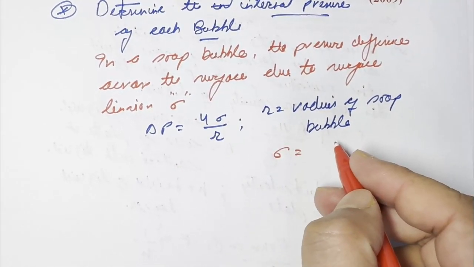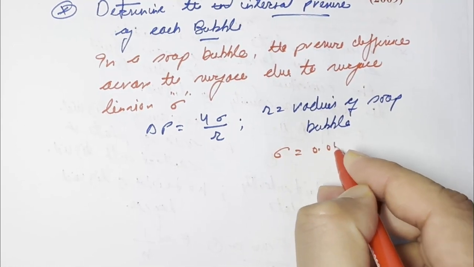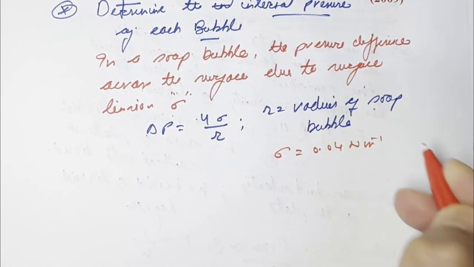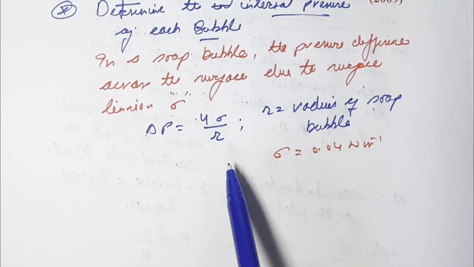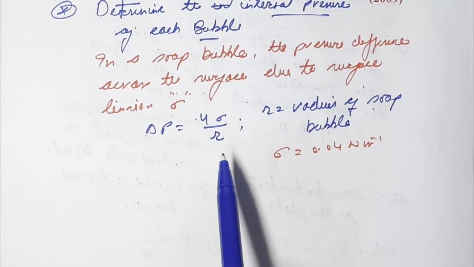Sigma is given as 0.04 Newton per meter. So let us apply this formula for bubble A as well as bubble B.